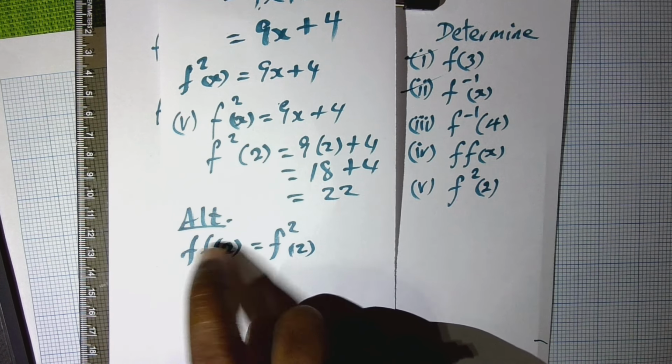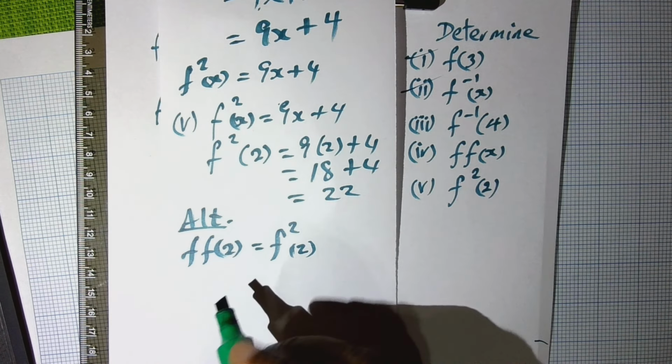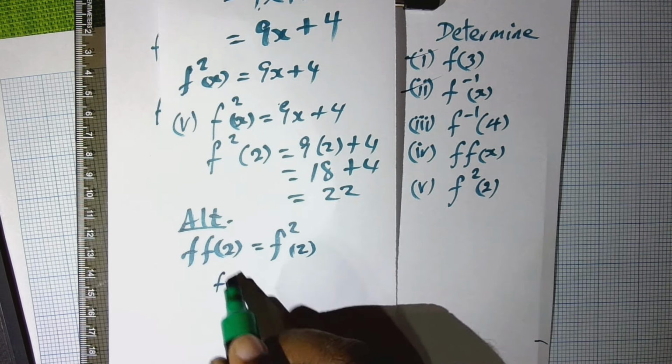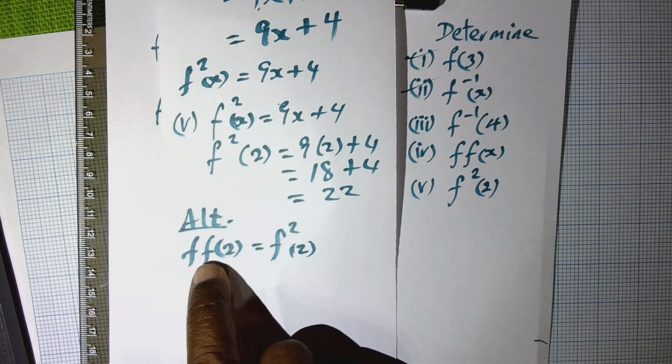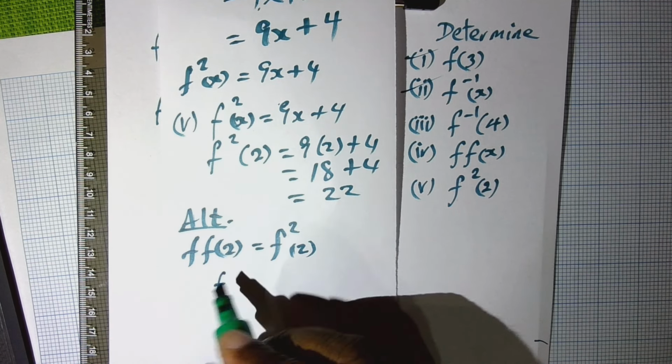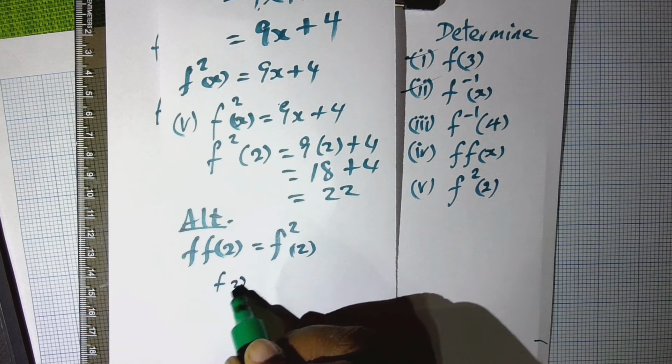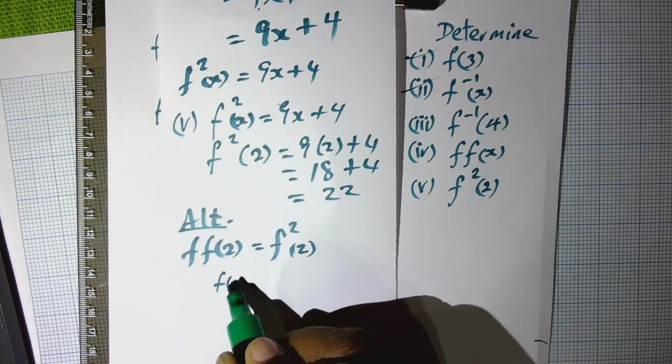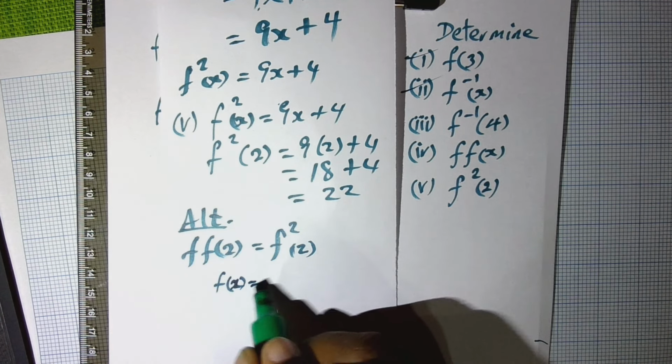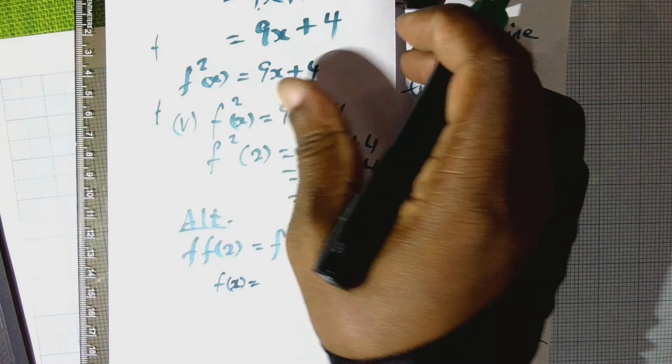In f. So we're going that way. So let's do that. Let's find f of 2. But in order for us to find f of 2, we need f of x, the function that we're going to put the 2 in. So in order to find f of 2, we need what? f of x. And f of x is what was given to us, right?